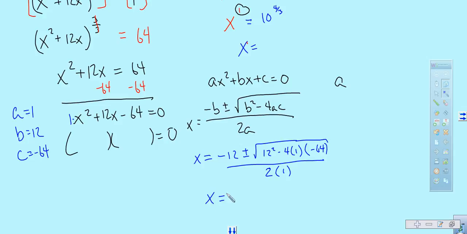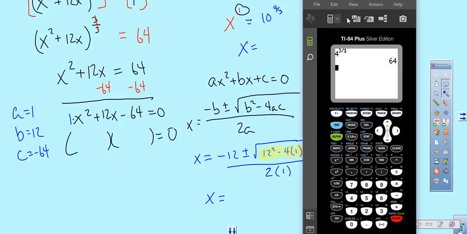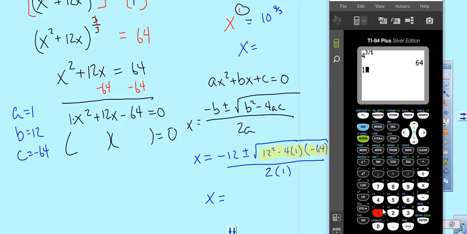At this point, I go through and I start simplifying. If you watched my previous video, I told you guys to go ahead and do what's under the radical first. So pull out your calculator and see what you get under the radical. So we have 12 squared minus 4 times 1 times negative 64.